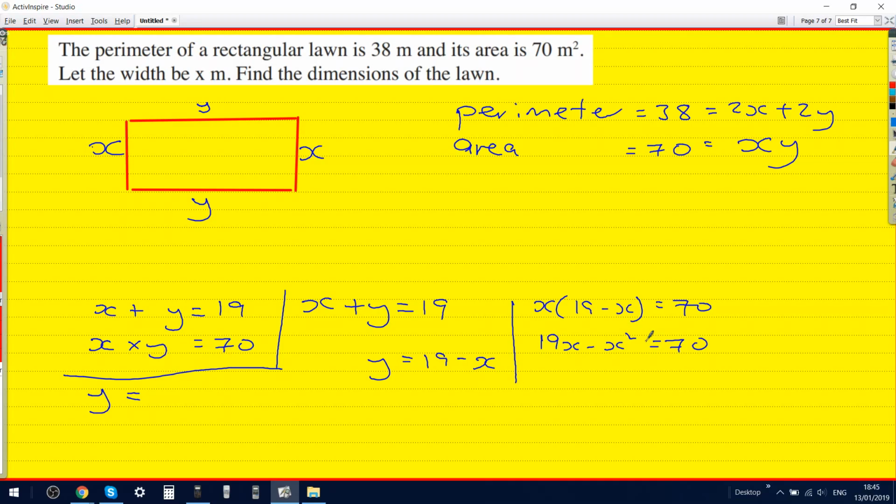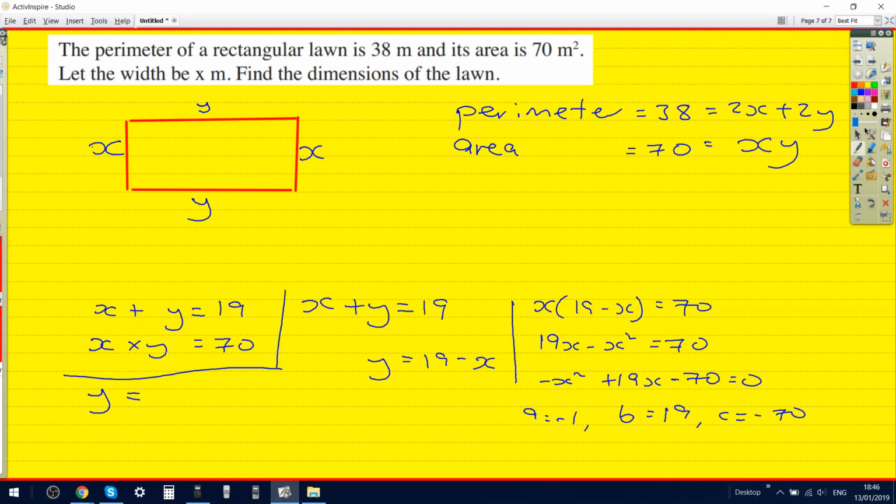And then we can rearrange that. So minus x squared plus 19x minus 70 equals 0. But then, so with a equals minus 1. Yeah. Okay. And then from the rest, it's relatively easy maybe after that. Yeah. And c equals minus 70.